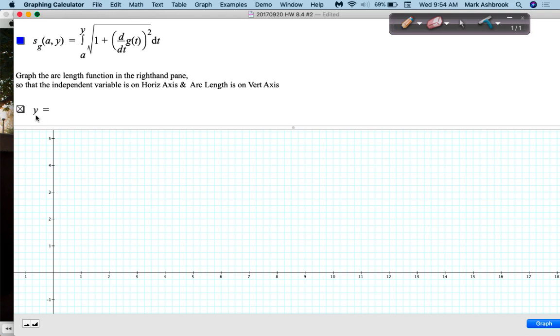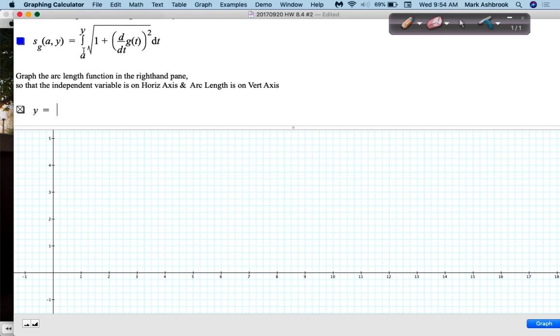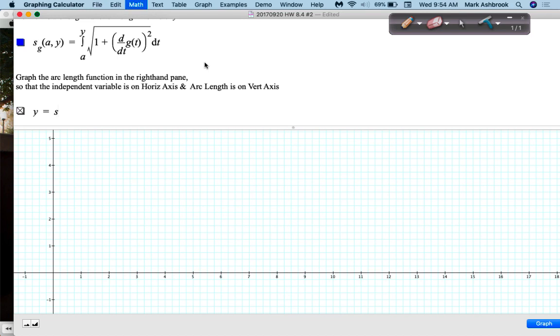So y equals g of x is going to graph the g function. Is that what we want? So what do we want? We want to graph what? Y equals arc length, right? So that's s sub g. Now the question is, of what?